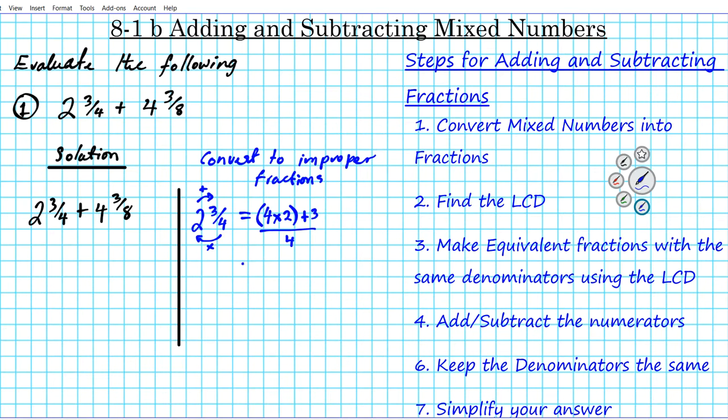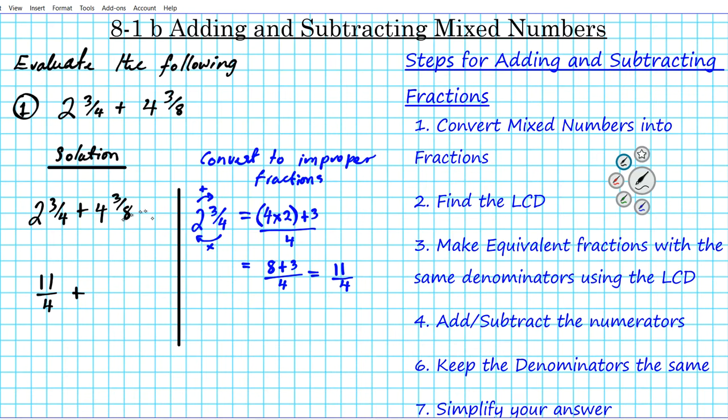Using the order of operations, please excuse my dear Aunt Sally, you multiply first. 4 times 2 is 8, plus 3 over 4, and that gives you 11 over 4 as your answer. So the improper fraction form of 2 and 3/4 is 11 over 4. Let's put it right here. So the first one becomes 11 over 4, and then we're going to be adding the second fraction.